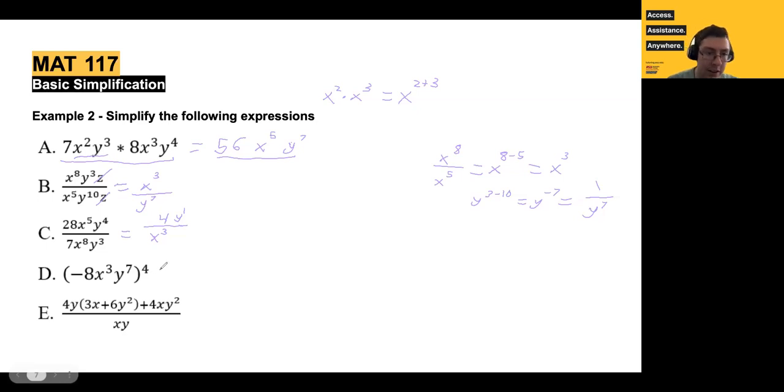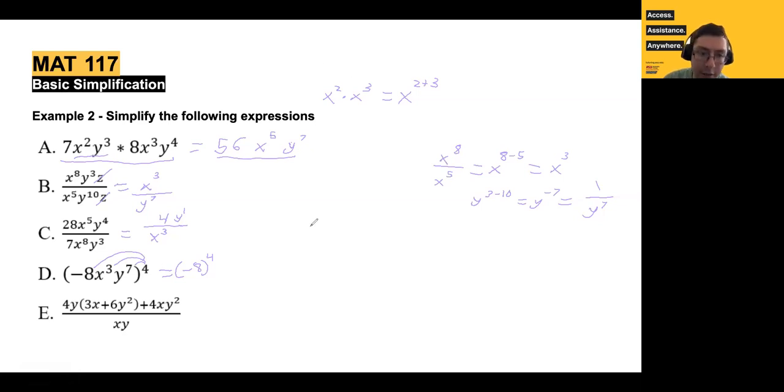And then part D is a slightly different situation. We have a whole expression raised to some power. So in that situation, we distribute the 4 to each term. So first we have negative 8 to the 4th. I'll just write the expression like this first.